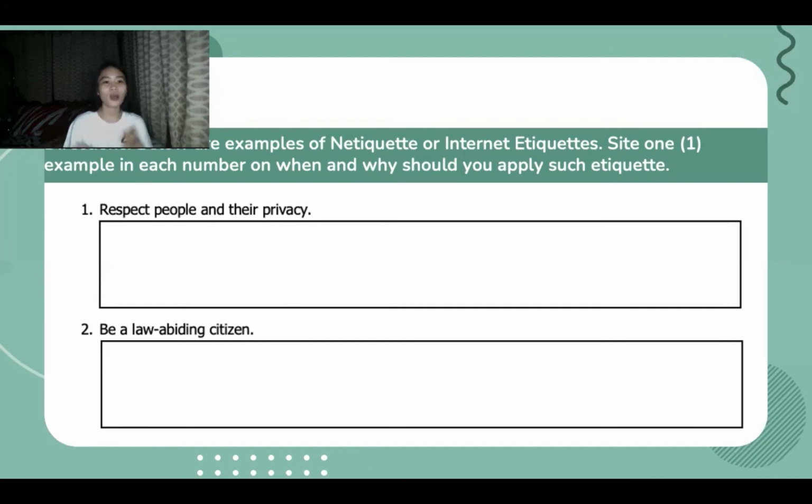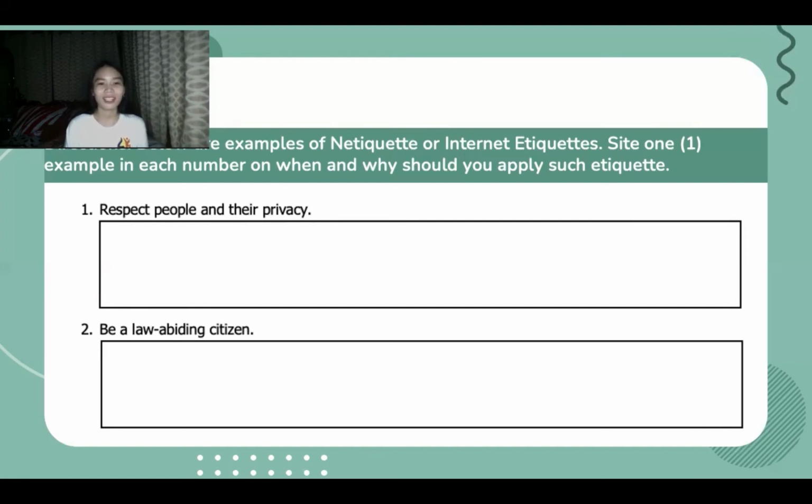And why should you apply this? Respect people and their privacy also, because they are paying for their Wi-Fi or for their data. So make sure you ask nicely rather than just cracking their privacy, because it is not really right.